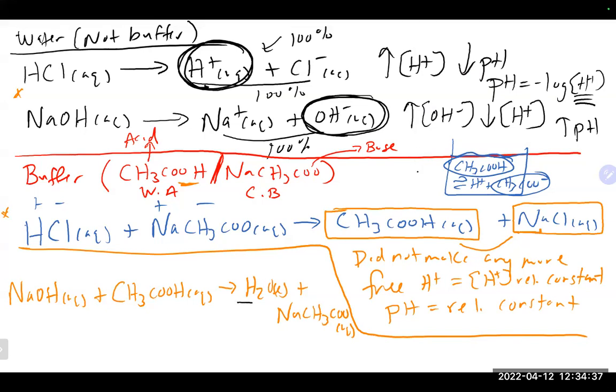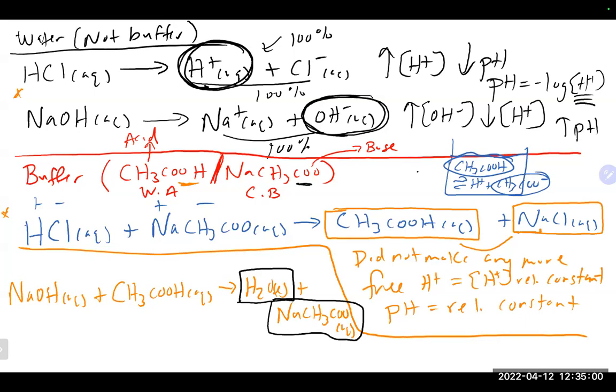We obviously have made water here, which is not going to mess up the pH. We made the other part of the buffer, which again always happens in this case. So you use up some of the acid part here, the acetic acid, but we make some of the sodium acetate, which again was in the buffer to begin with. So it should not mess up the pH.